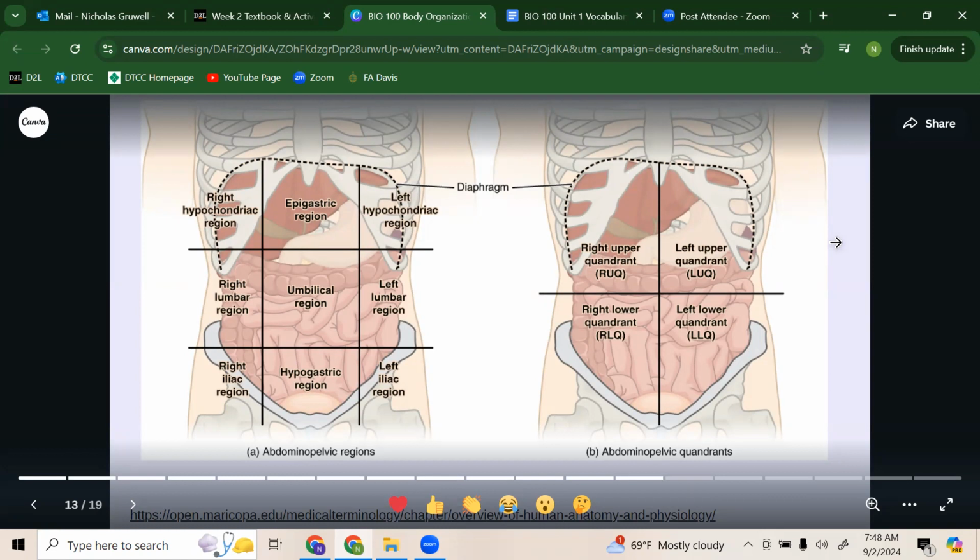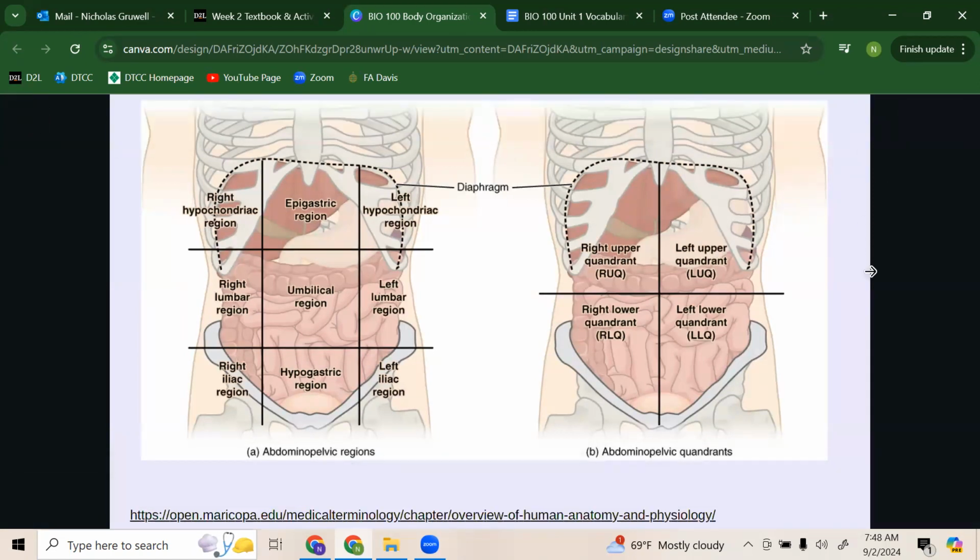In the medical field, I would say quadrants are used much more frequently when we are communicating about the abdominopelvic cavity, partly because if you look at our regions, you see how much overlap there is in organs. It's a little too specific in terms of identifying what we want to identify.